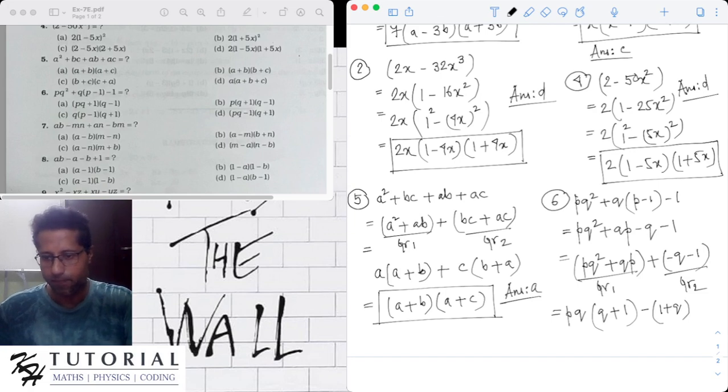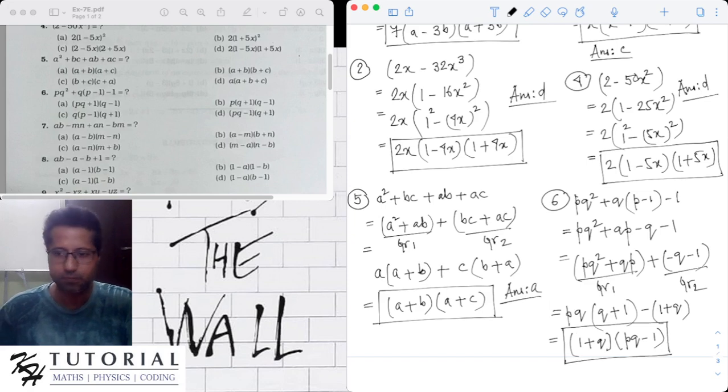Now I can see that both the groups have a common factor of 1 plus q. So the final factorization will be 1 plus q multiplied by pq minus 1. So this is the final factorization.